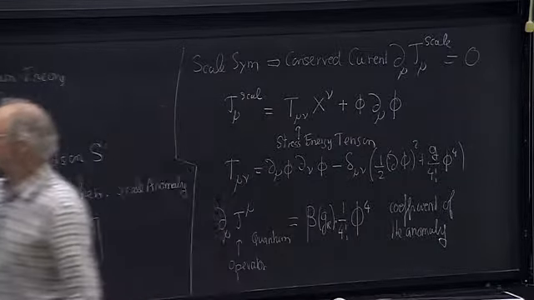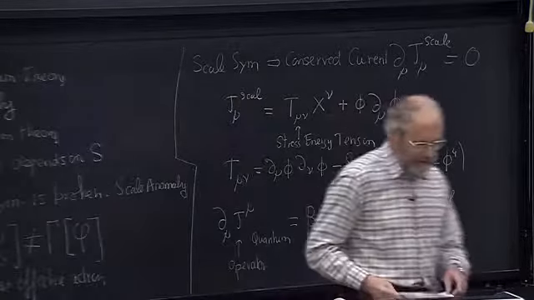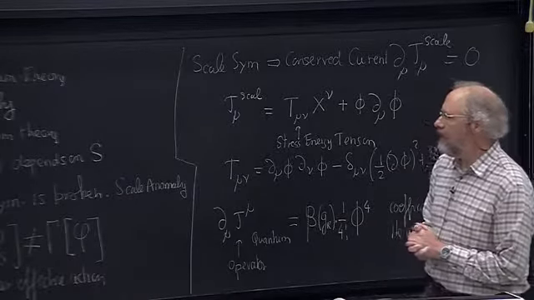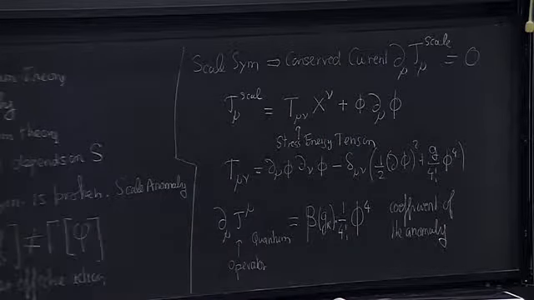So if you have never heard about anomalies, I think in a course in advanced quantum physics or in high energy physics, you are going to meet a very important anomaly, which is called the axial anomaly, an anomaly of quantum electrodynamics.